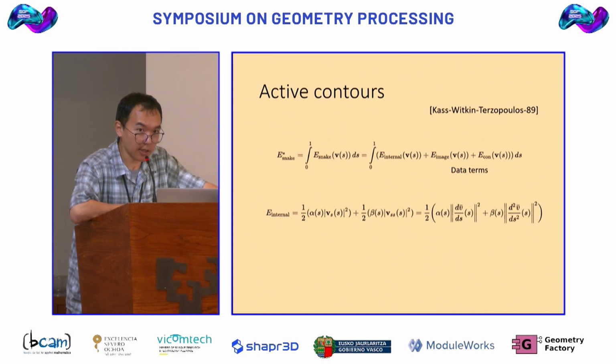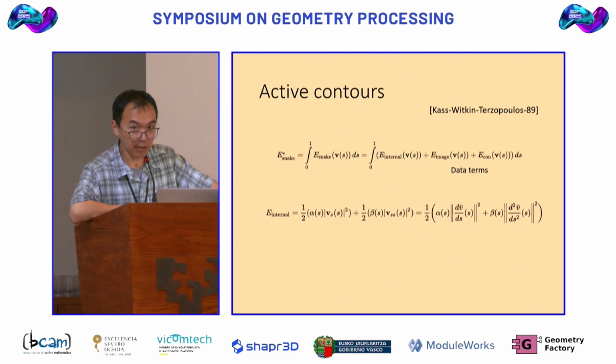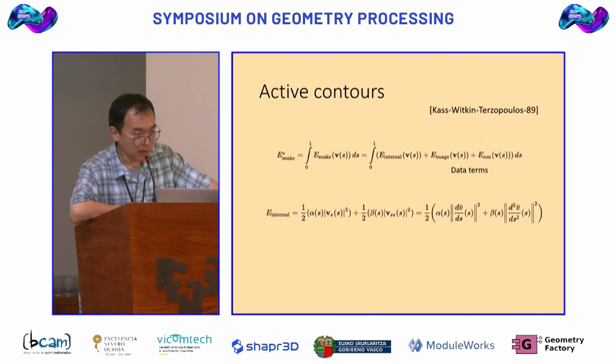So intuitively, you can think about generative models as a generalization of active contours. In active contours, S is one dimension. In a generative model, it's like 100, like 72 for simple models. It's a high dimensional generalization. So the training shapes define the data terms.